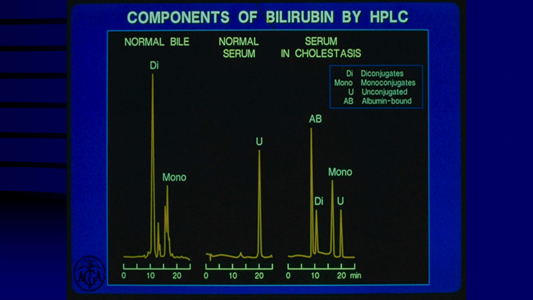If you measure your own serum bilirubin, it's typically less than 1 milligram per deciliter, and the conjugated component in serum would be less than 0.3 or 0.2 milligrams per deciliter. So most of your bilirubin in serum is of the unconjugated type.